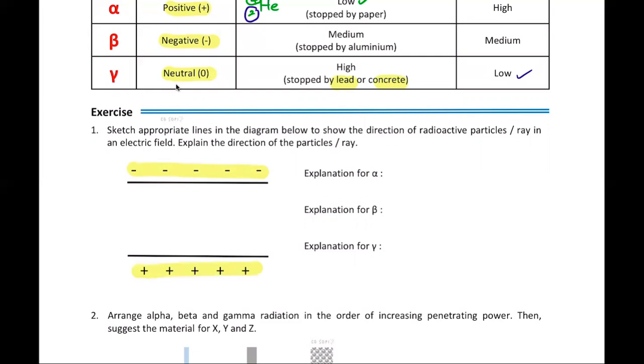If we have the radioactive source here emitting these 3 types of particle and ray, for alpha particle, where will it be deflected to? The positive plate or the negative plate? For alpha particle.